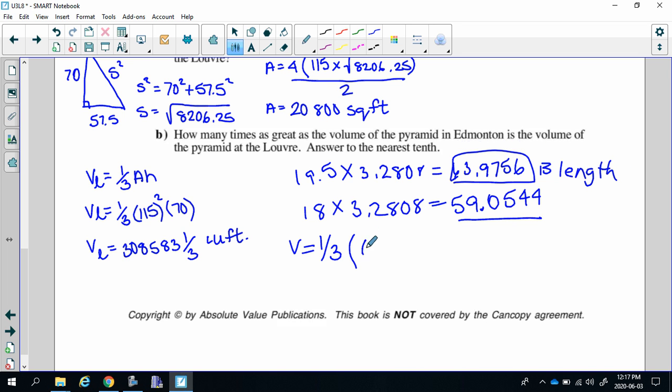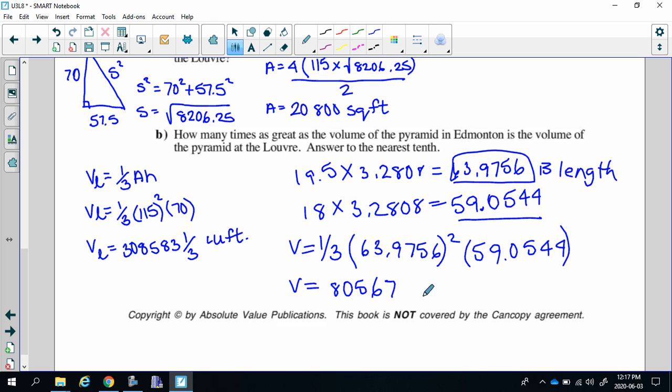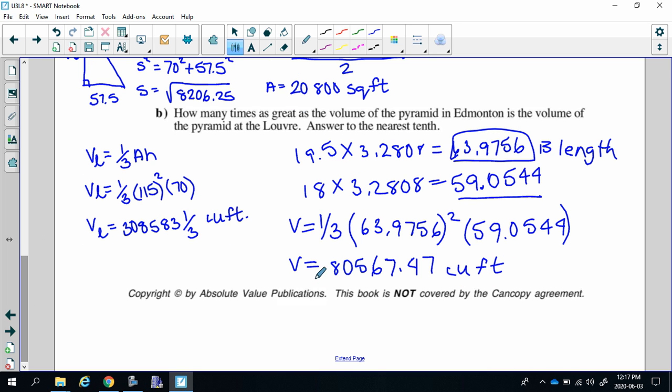All right, so I went 63.9756 squared times my height, which is 59.0544, which gave me a volume of 80,567.47 cubic feet.